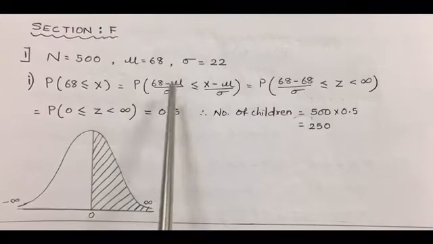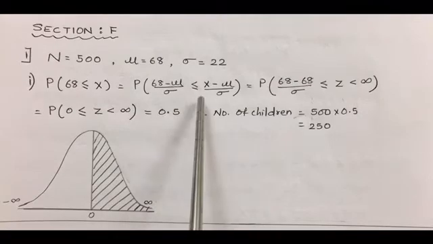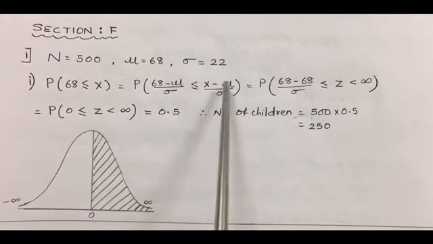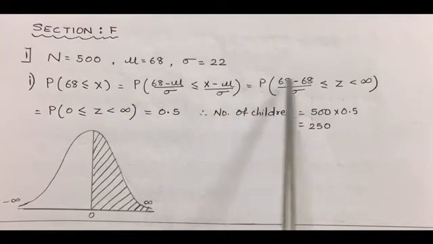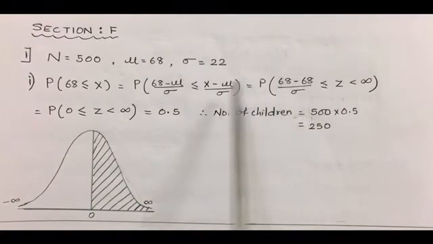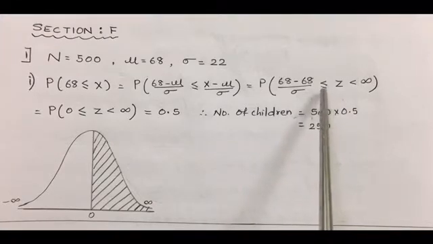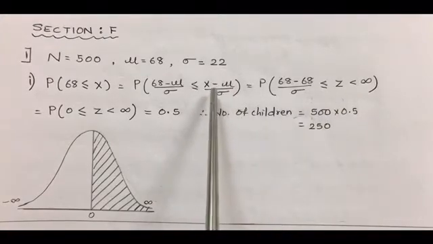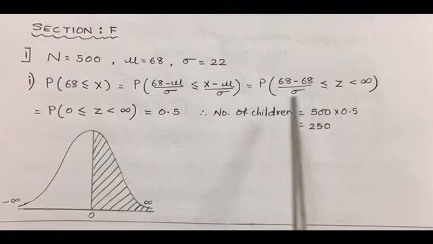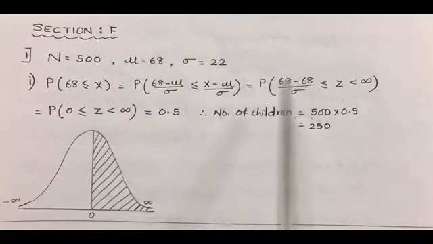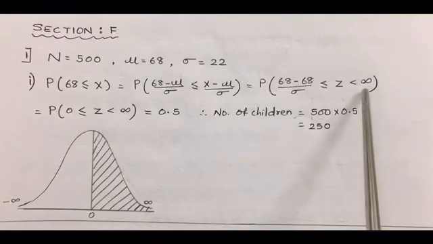So minus mu upon sigma is to be done. So 68 minus mu upon sigma less than or equal to X minus mu upon sigma. Now keeping the value of mu and sigma as 68 and 22, less than or equal to Z, in the place of X minus mu upon sigma, we write Z. As the right hand side limit is missing, we'll keep there positive infinity.